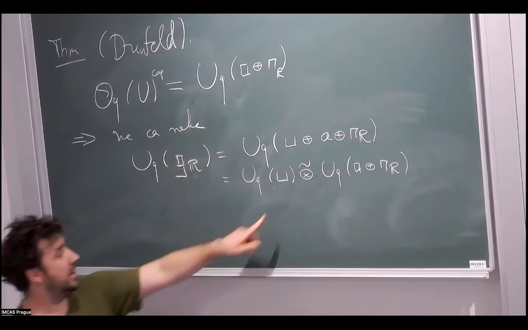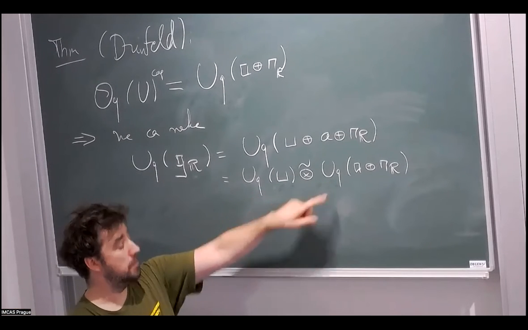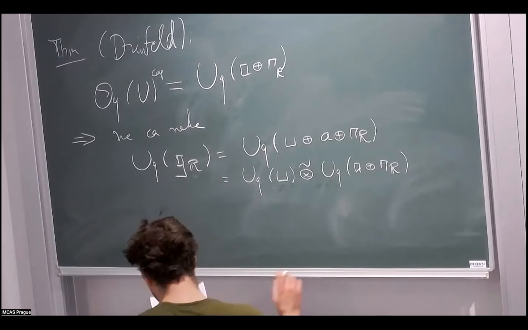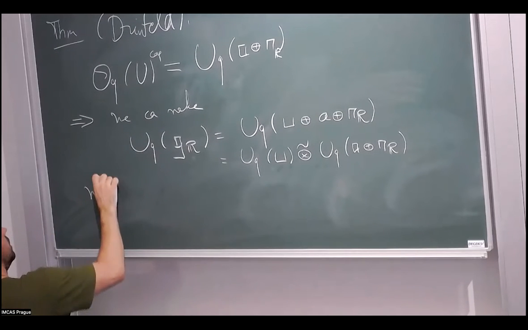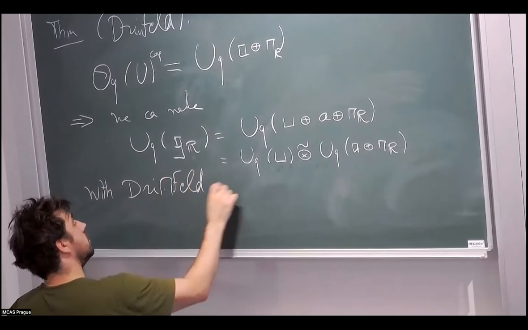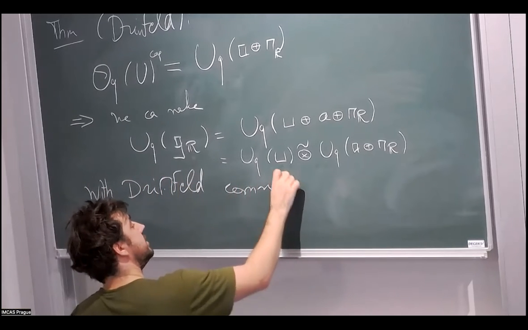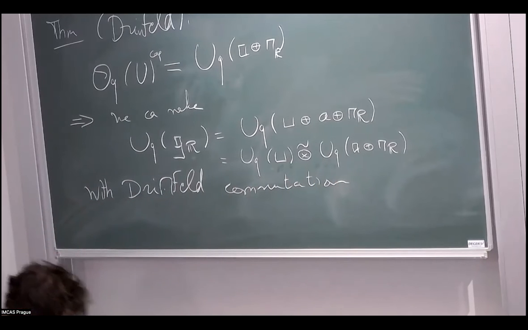I still need to say, how do these two parts commute as algebras? And this is again something due to Drinfeld. Drinfeld says you can let these two parts interact basically by using this pairing tau.